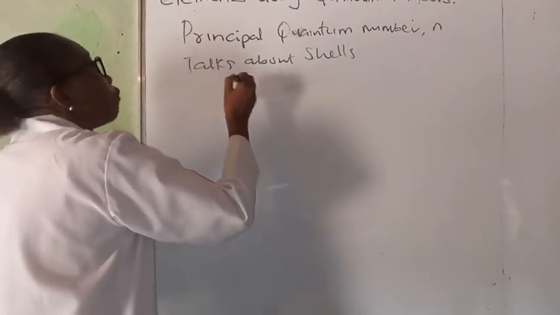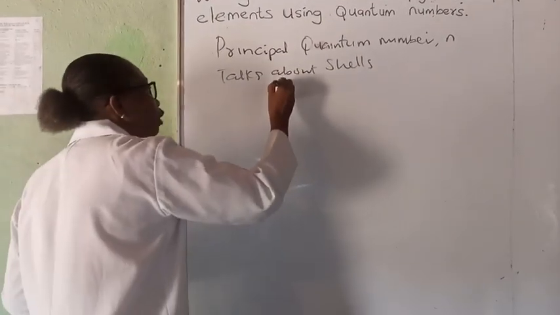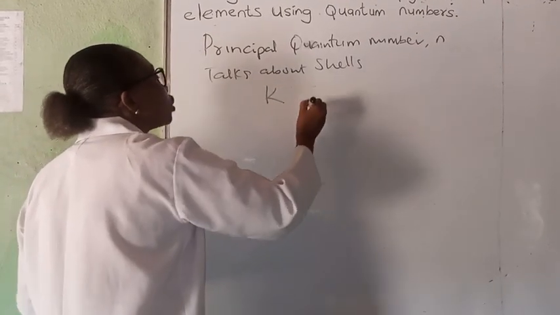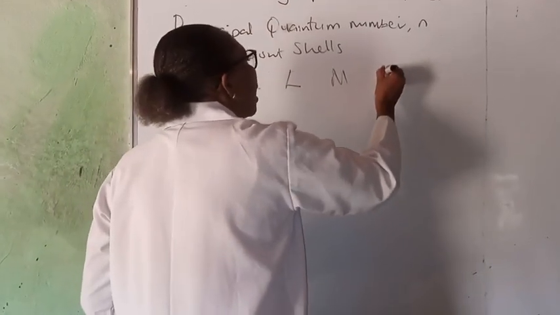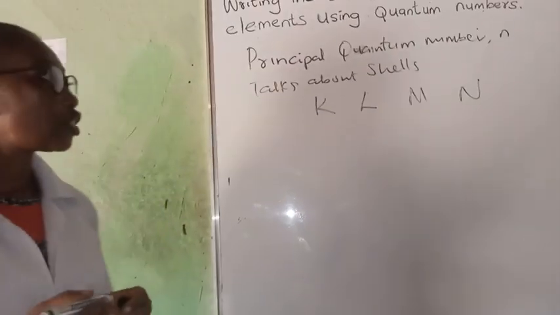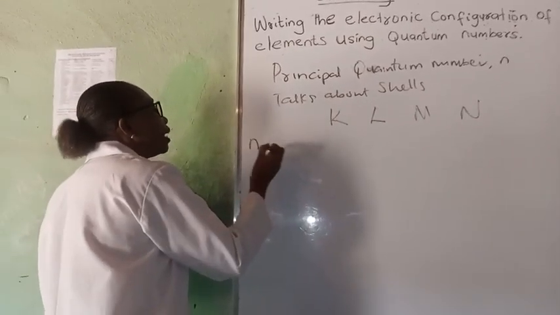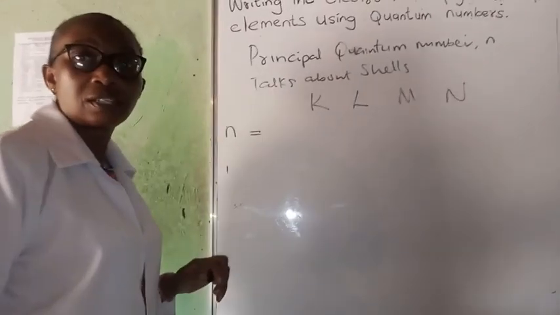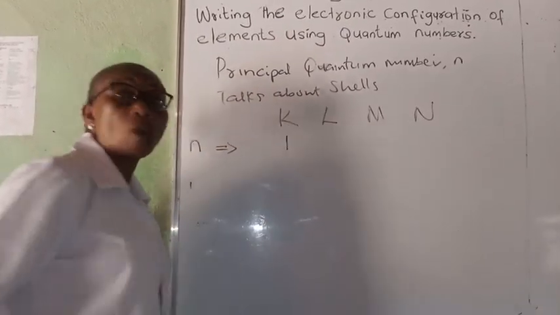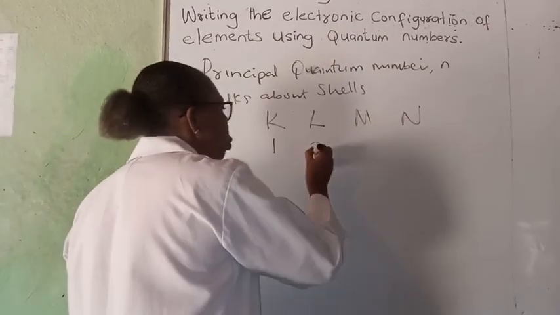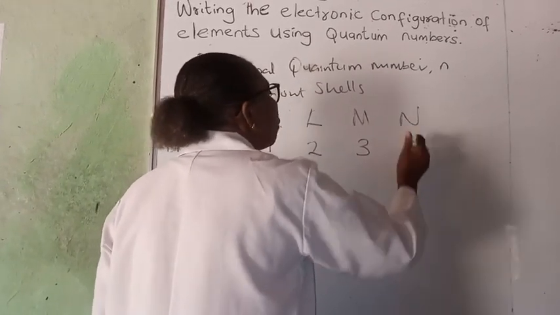The symbols for the shells given by the principal quantum number are as follows: K for the first shell, L for the second shell, M for the third shell, and N for the fourth shell. In that case, the principal quantum number, the value of n for the shells, is as follows: K has the value of 1, L has the value of 2, M the value of 3, and N has the value of 4.